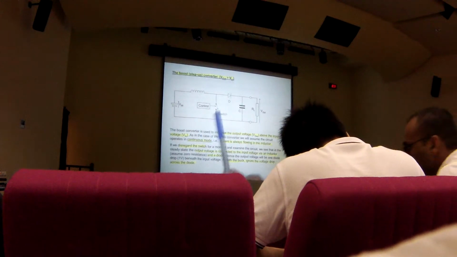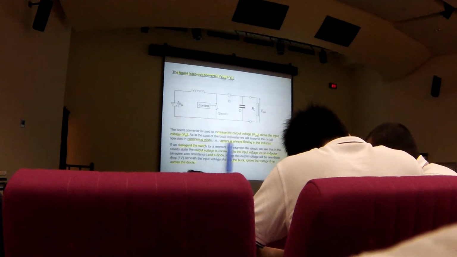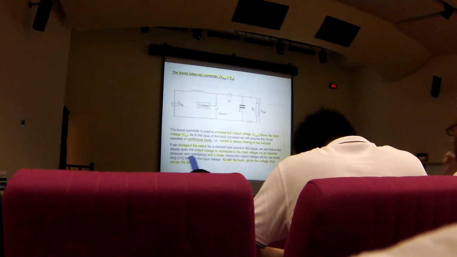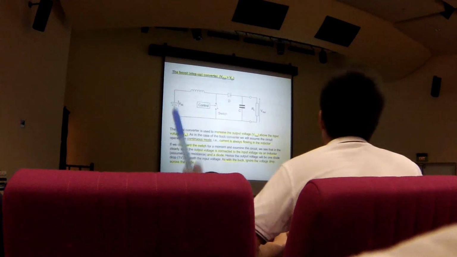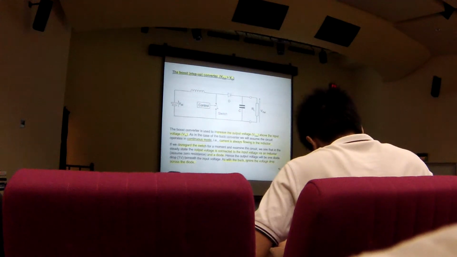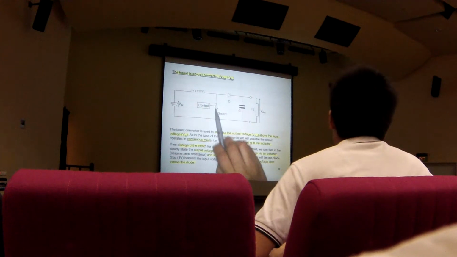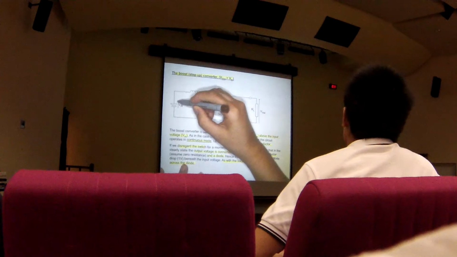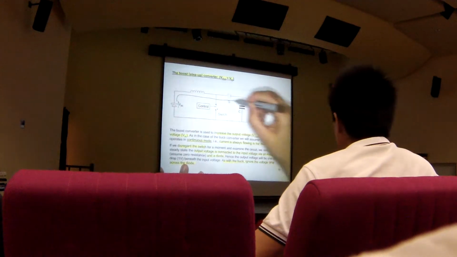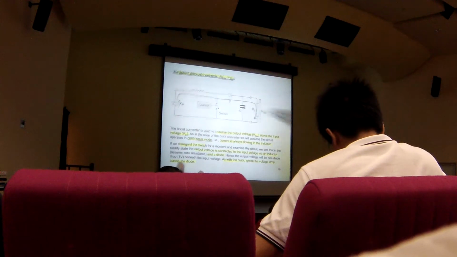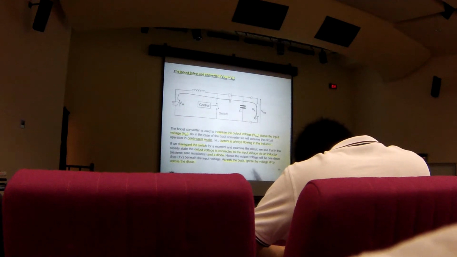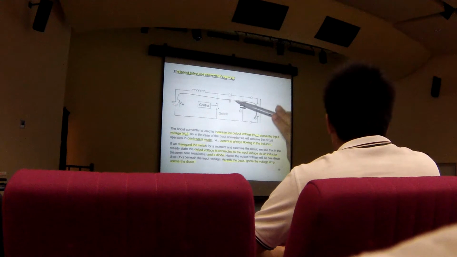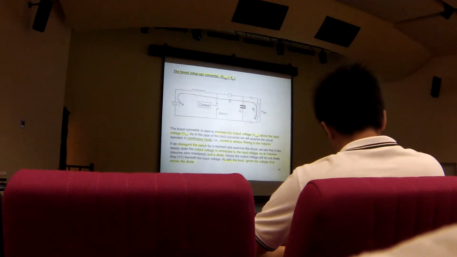If you ignore the switch for a moment and you examine this circuit, you can see that in steady state, the output voltage is connected to the input voltage via the inductor and the diode. Right? If this switch is left open, but we already said that we ignore the diode voltage drop. Okay?